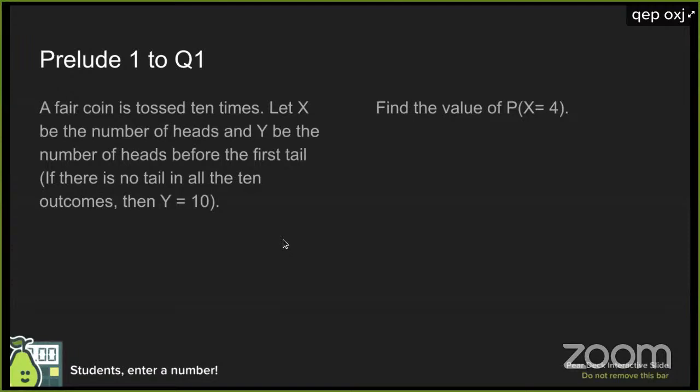Okay, so that means what? Let's say you got a tail at the fourth toss. That means y will be equal to what? If you have this type of condition, H H H T, what value will y take?